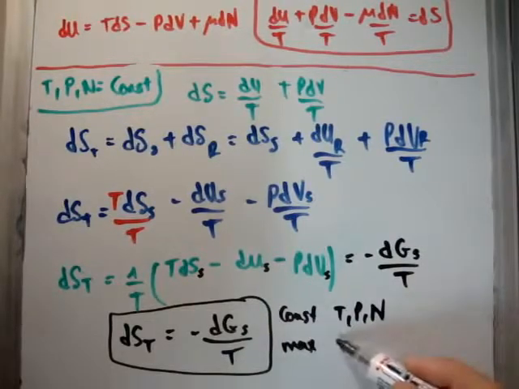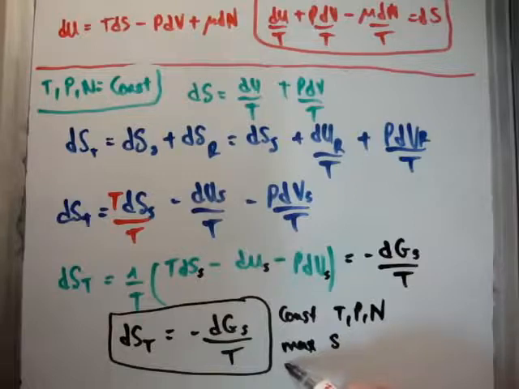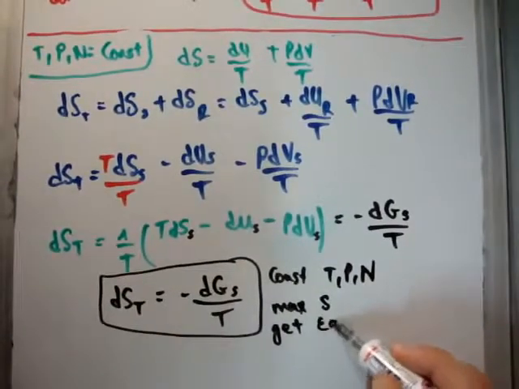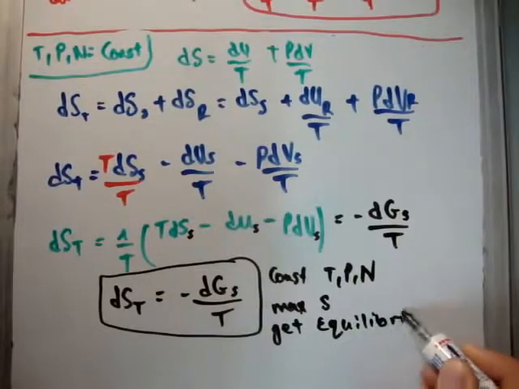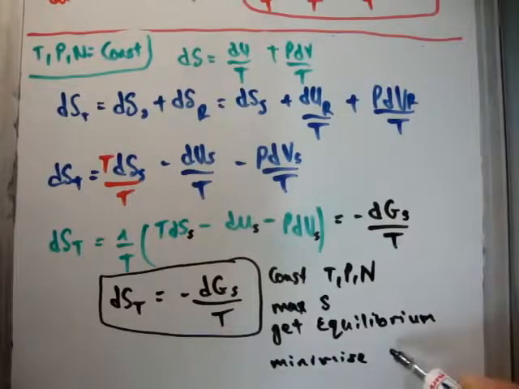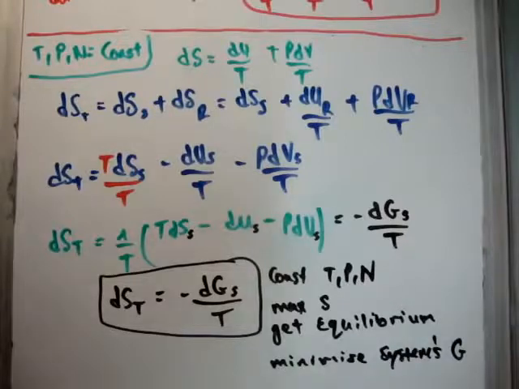So to maximize the entropy, or get equilibrium, we need to minimize the system's Gibbs free energy. Note the difference this time in temperature, pressure, and number of particles, where last time it was temperature, volume, and number of particles. So for fixed temperature, pressure, and number of particles, the Gibbs free energy tends to decrease.